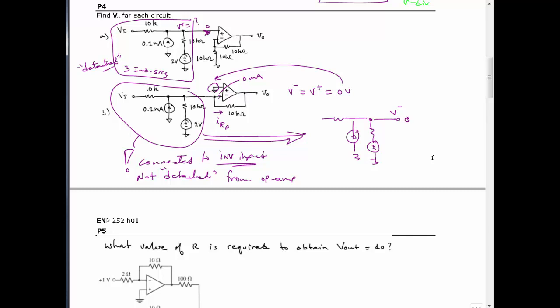So we could tie it to 0 volts. And effectively, for solving this, we could actually tie it to ground, okay? This is technically incorrect, but you can still solve the problem.